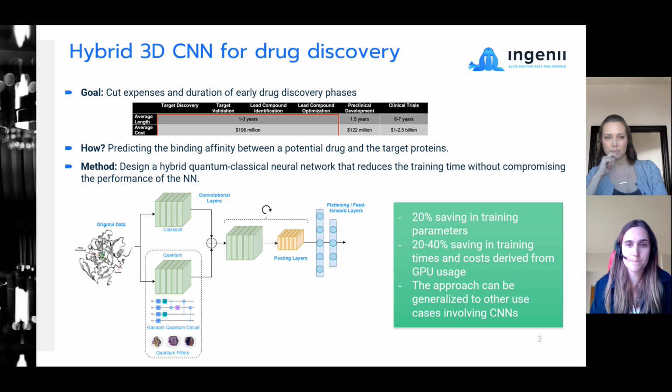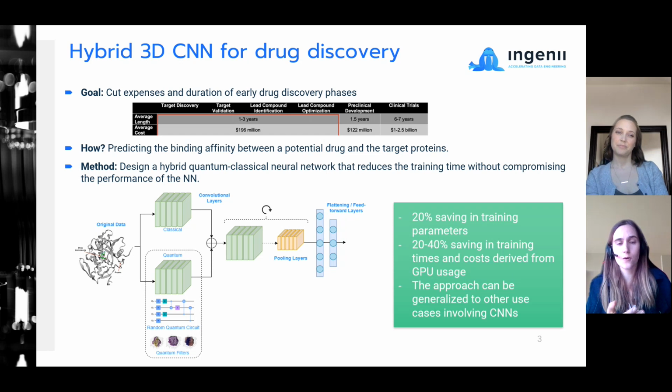expensive GPUs. And finally, the third advantage of this approach is that it can be generalized to other use cases that involve quantum neural networks or convolutional neural networks. So this is not just particular to drug discovery, but we can generalize this approach to other problems.